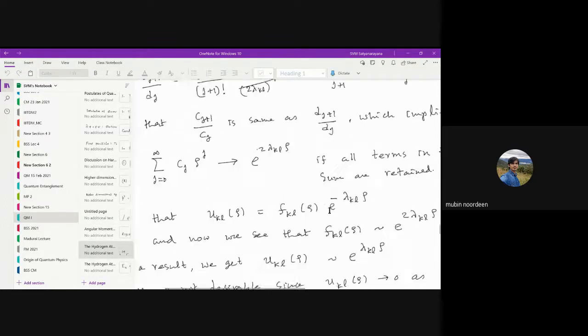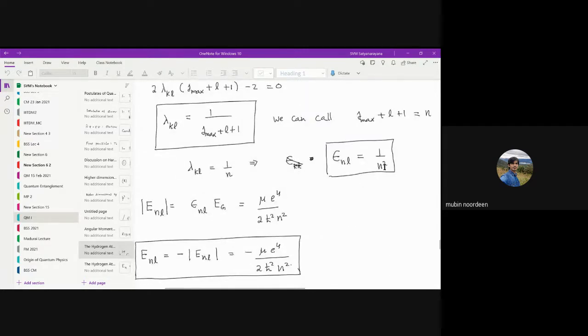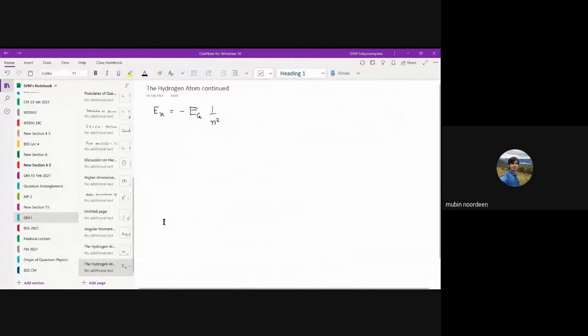So if you look at this one, epsilon nl is equal to 1 by n square. So that is equal to minus Enl, Enl is epsilon nl into Eg. So that is minus mu e to the power 4 by 2 h bar square. So that is what we have seen.